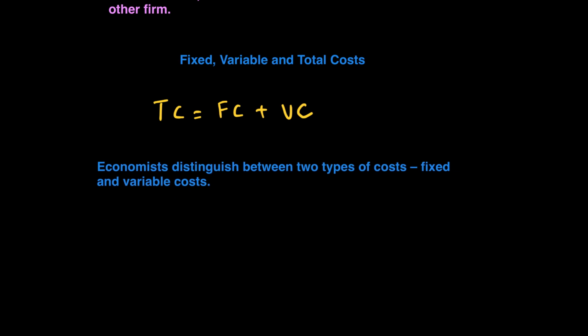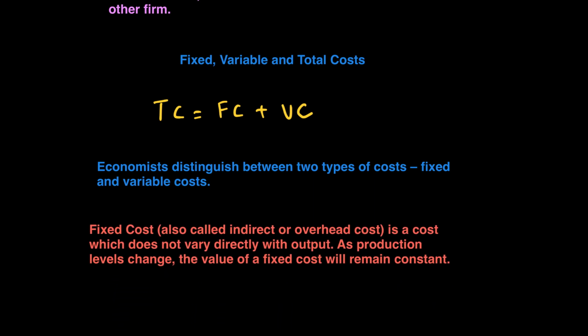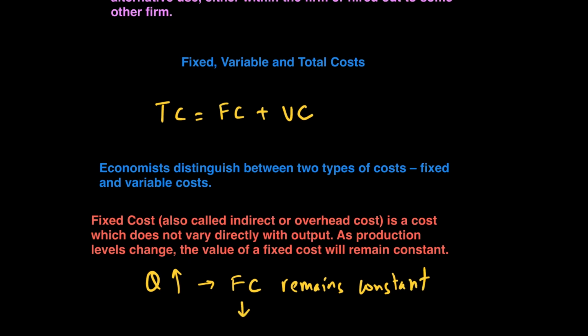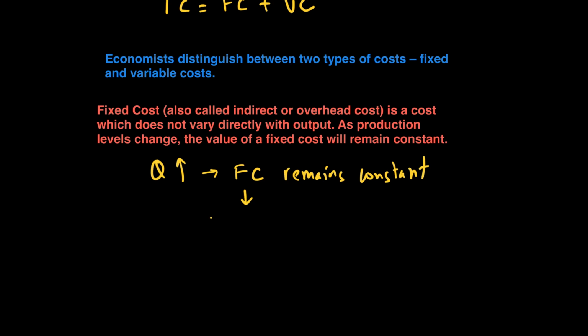We say fixed cost, which is also called sometimes indirect cost or overhead cost, is a cost which does not directly vary with the level of output. As the production level changes, as quantity goes up, the fixed cost remains constant. And the reason why it remains constant is because the fixed cost is associated with what we call our fixed factor.